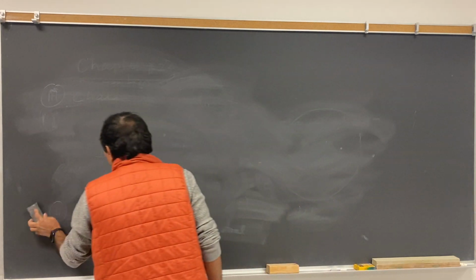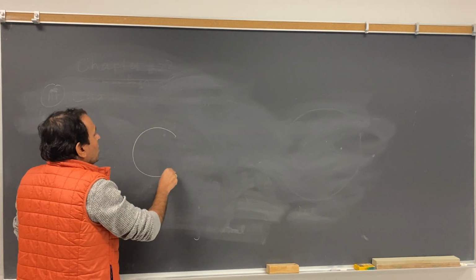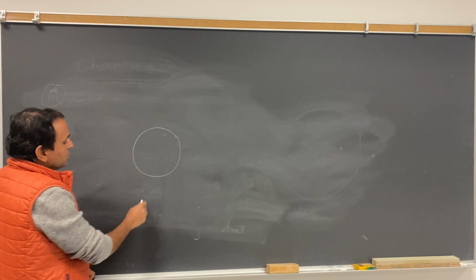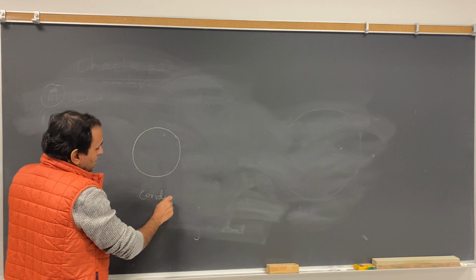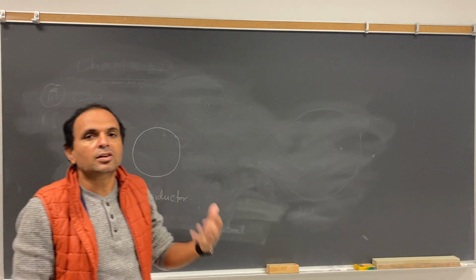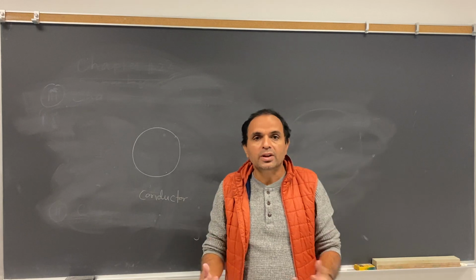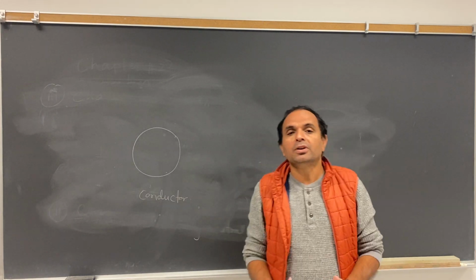And if you take an object, this is a conductor. You know that conductors conduct electricity, like copper, iron, aluminum. And we have insulators like wood, sand, paper, plastic.